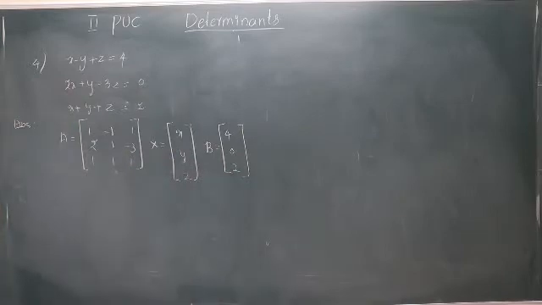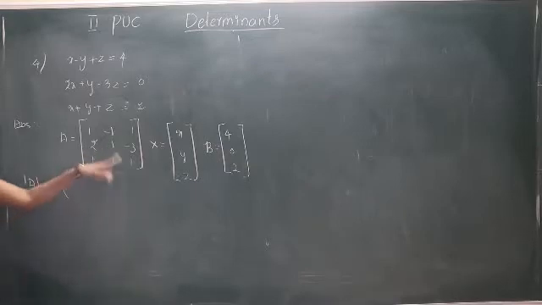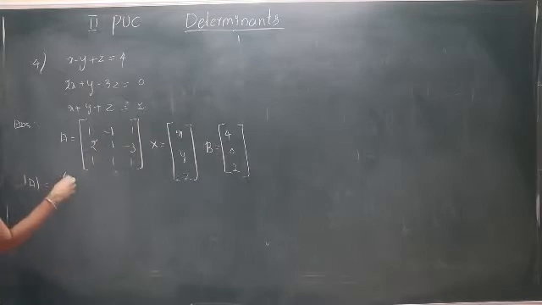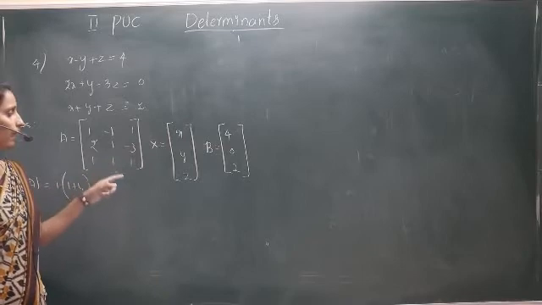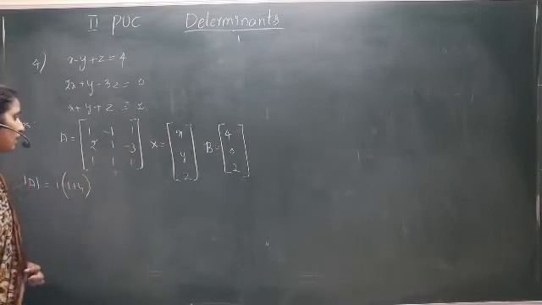After writing this, next we have to calculate the determinant of A. The determinant of A can be calculated by expanding along a row or column. So I'll expand along R1. R1 is 1 into (1 plus 3), minus 1 into (minus 1 plus 4).